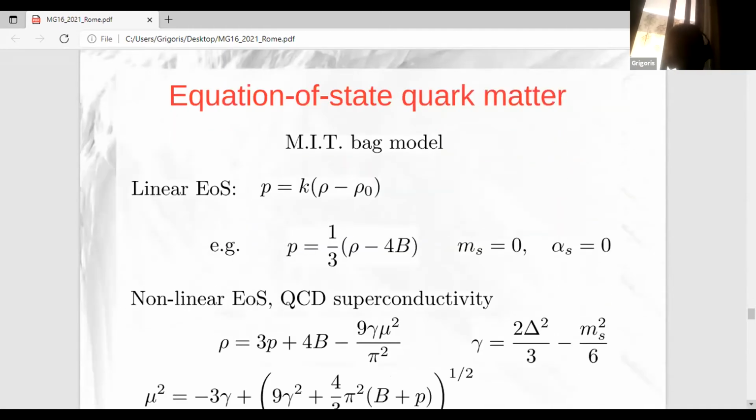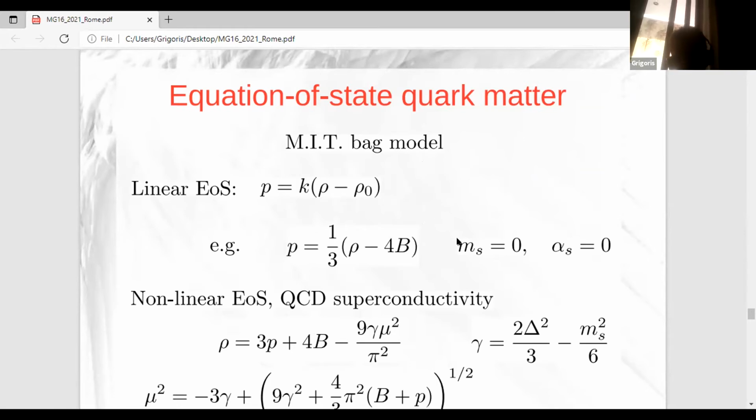Now, in order to compute the properties of the object, one needs to supplement the structure equations with a given equation of state. For quark matter, we adopt the MIT bag model, and there are two cases. One is a linear equation of state. The simplest one that has been extensively used in the literature is this one, when the mass of the s quark and the QCD coupling constant are zero.